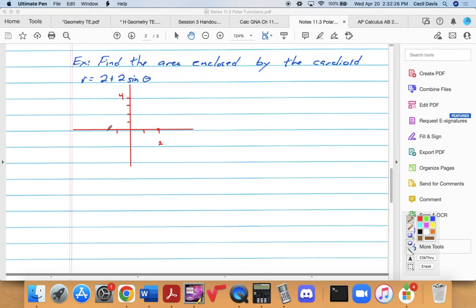At pi, I'm going to be back to 2. And you may be going, well, wait a minute, you put it at negative 2. Yeah, this is pi, positive 2. I've gone pi radians around, and I'm 2 units away from the origin. At 3 pi over 2, sine is negative 1, so we're at 0.